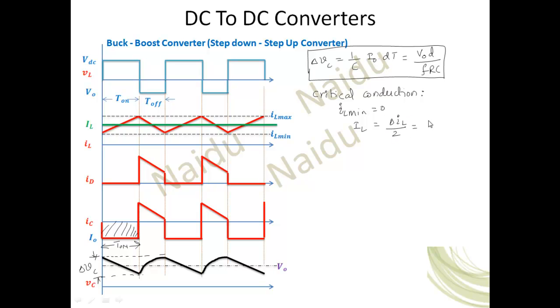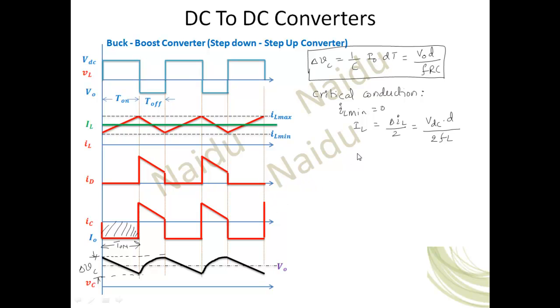What is the delta IL? As we discussed in the previous slide, delta IL is VDC into D by FL, and there is also a 2 in the denominator, 2FL. So what is IL?